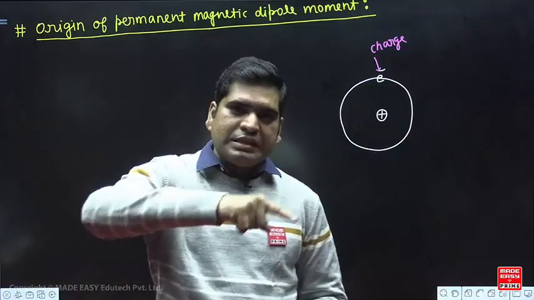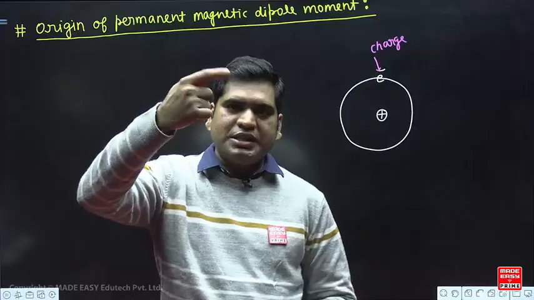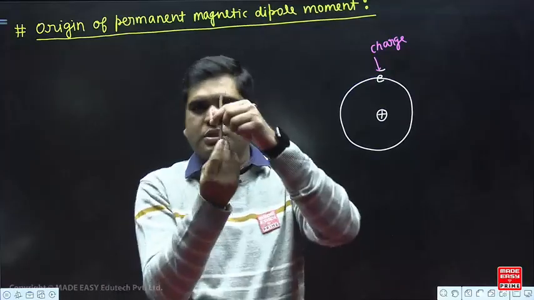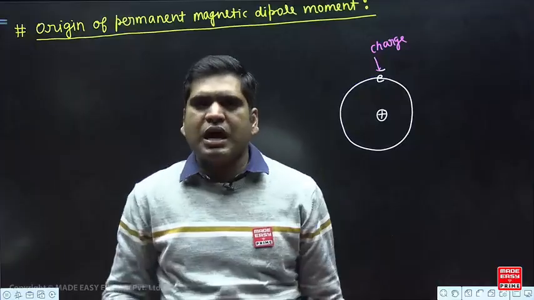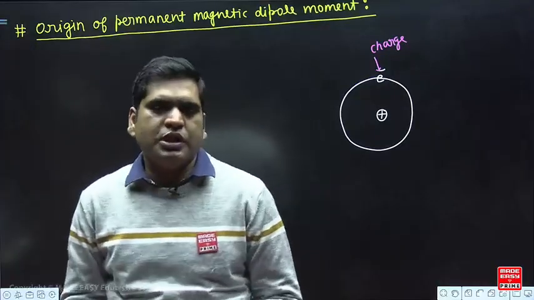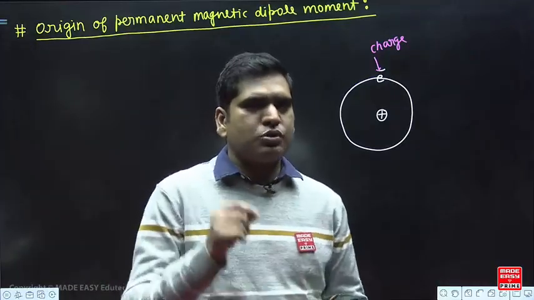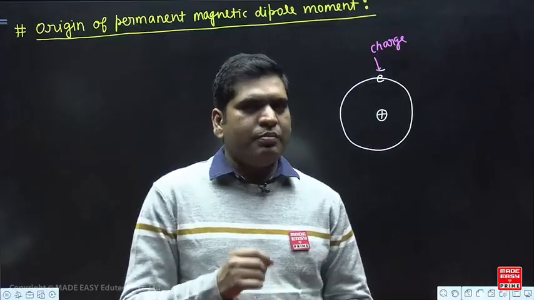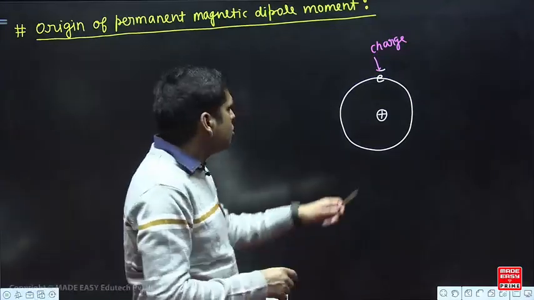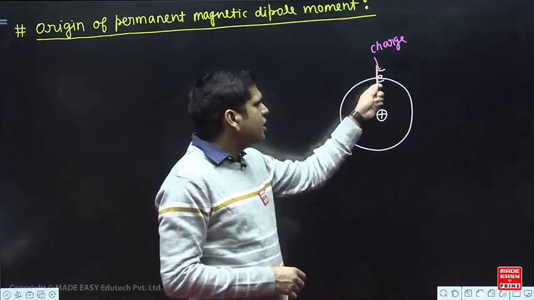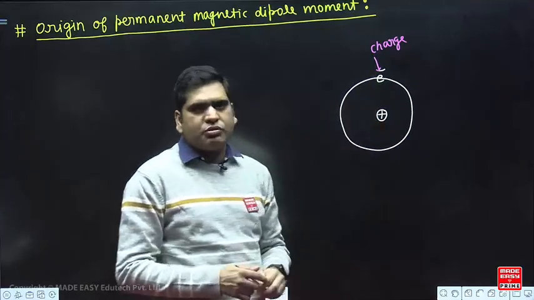The electron moves like this, as well as it spins at its position. This spin motion of the electron is also an angular motion of charge, so it also contributes to the magnetic dipole moment. So there are two factors due to the electron: orbital angular momentum and spin angular momentum.